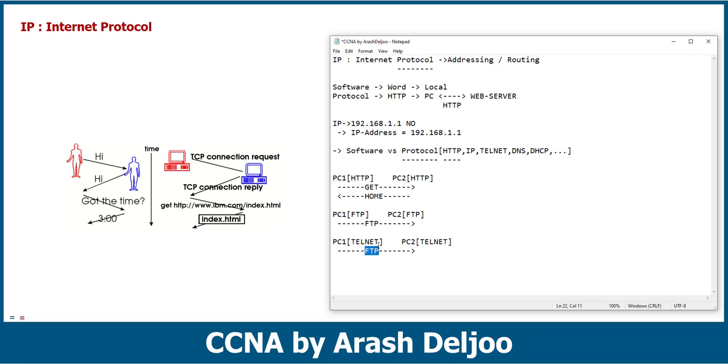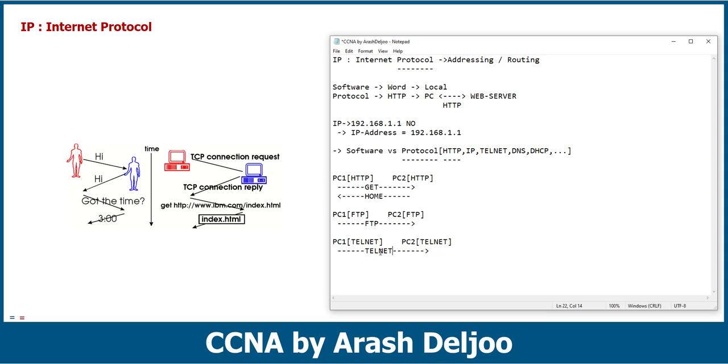This means that we have many types of protocols, and each protocol can be used for a special usage. For example, HTTP for sending and receiving web pages, FTP for sending and receiving files, Telnet for sending and receiving, for example, configuration or some other functions.